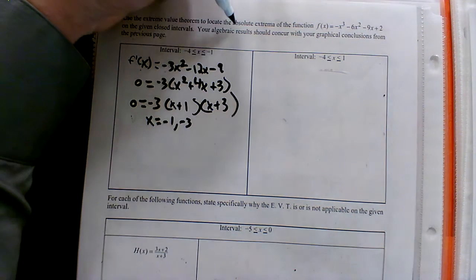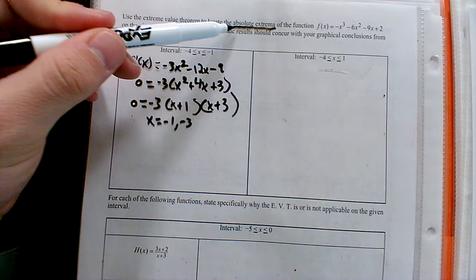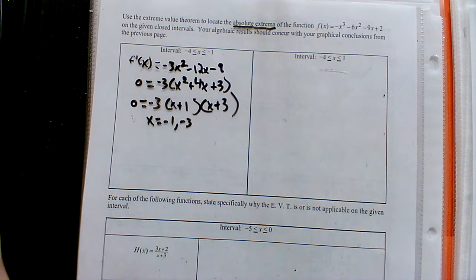Now this question is specifically asking about absolute extrema. So at the top, they're specifically asking just about the absolute extrema. Where do we have an absolute max? Where do we have an absolute min? So think back to yesterday. We talked about the absolute extrema. Where can those occur? Where can the absolute extrema occur? Endpoints?